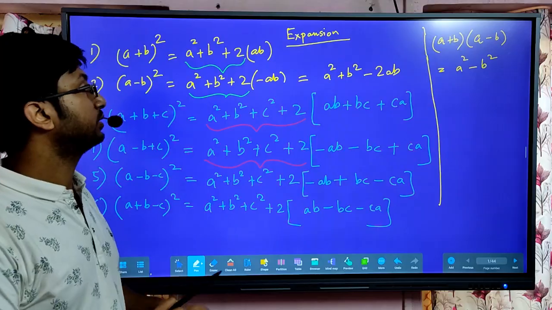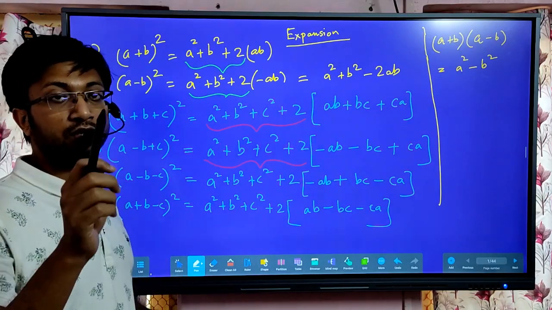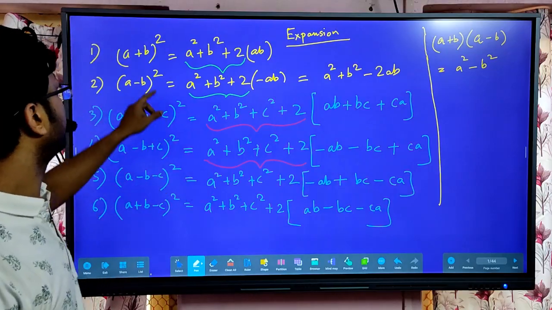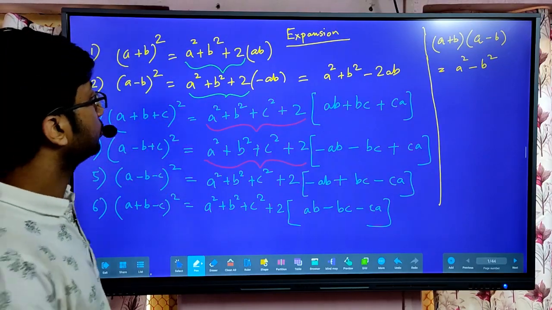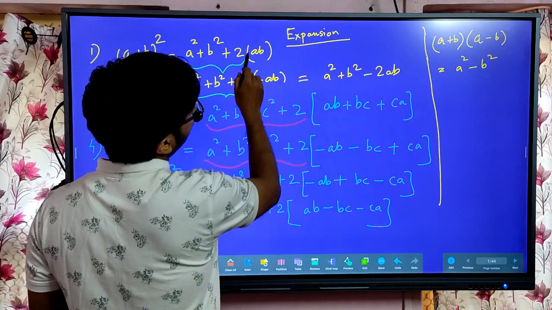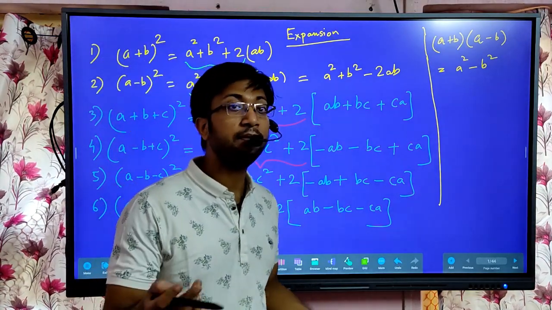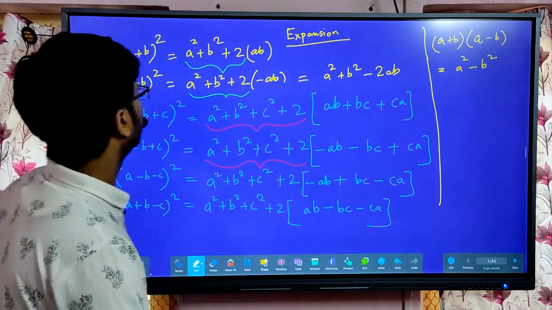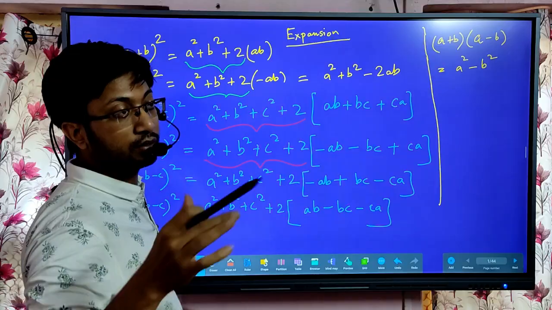Why? Because we will be writing ab considering the sign. Now plus a into plus b will be plus ab, so I have not written any sign over here, but inside bracket. So when no sign is there, it is basically plus ab. Now this plus is the formula plus that is in the pattern.